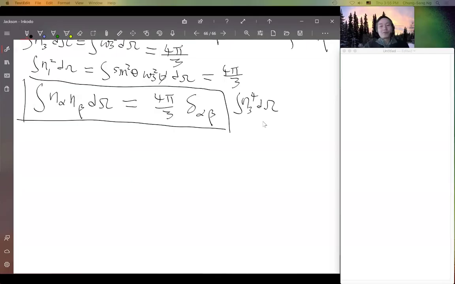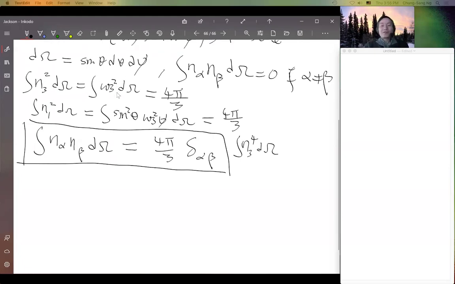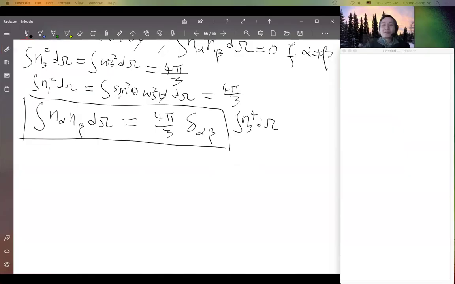And the integration will be very similar to this one, except that now you have cosine to the fourth. You know how to do that, because combining this, you get d cosine theta with this power of cosine theta. So that will give you a little different from before. Instead of 4 pi over 3, you actually get 4 pi over 5. So that's n3 fourth power.